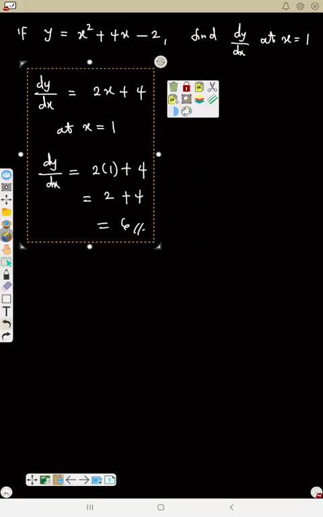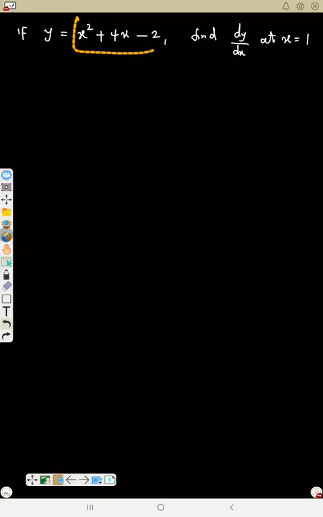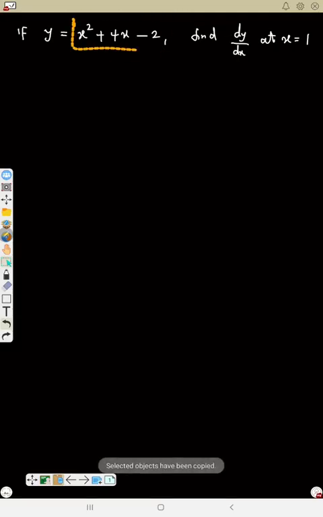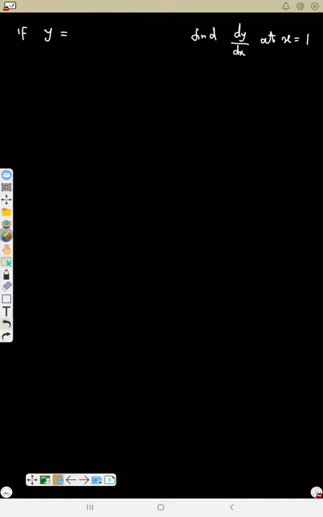Look at this. Now let's form another question here. So if y is equal to 2x raised to power 4 plus 5x minus 2, find the dy dx at x equals 0.